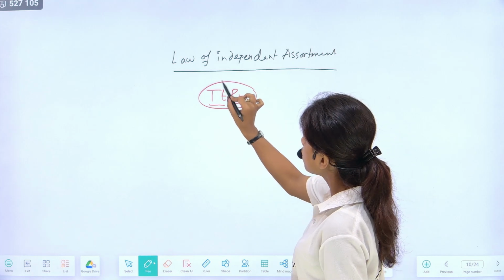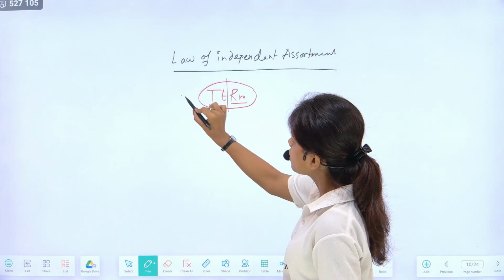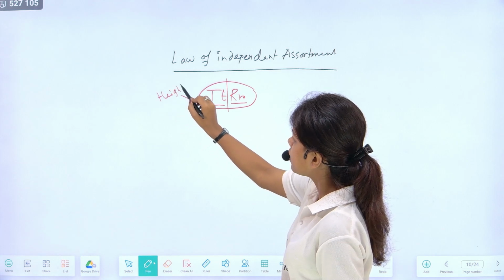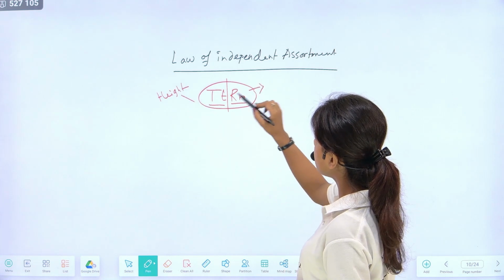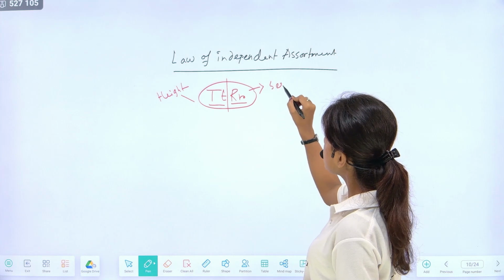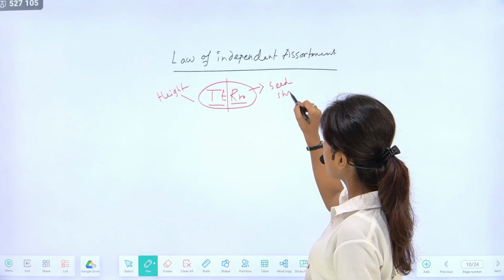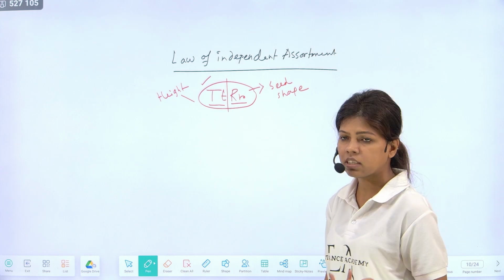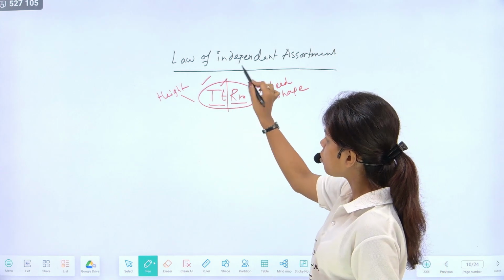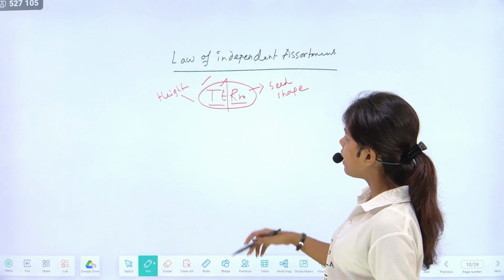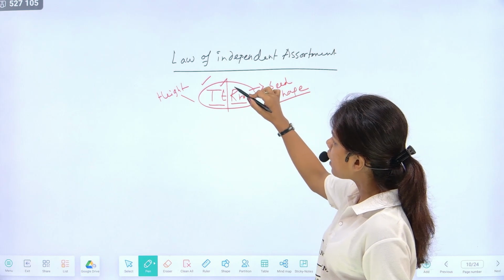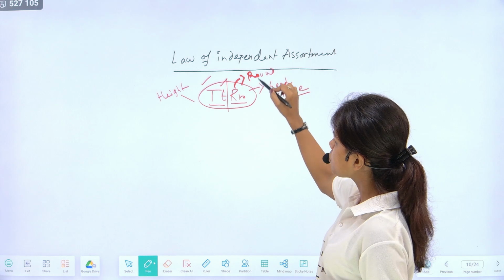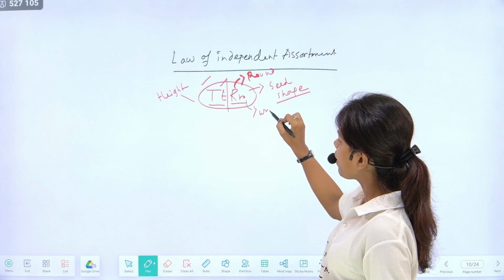This part is representing the height, and this part is representing the seed shape. The height can be either tall, denoted by capital T, or short, denoted by small t, whereas for the seed shape, capital R denotes round and small r denotes wrinkled.